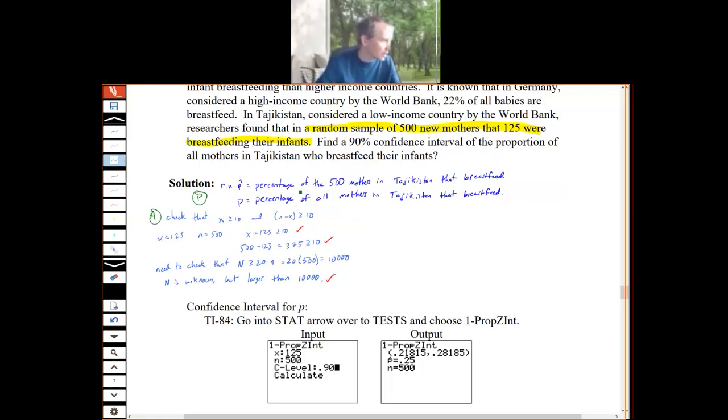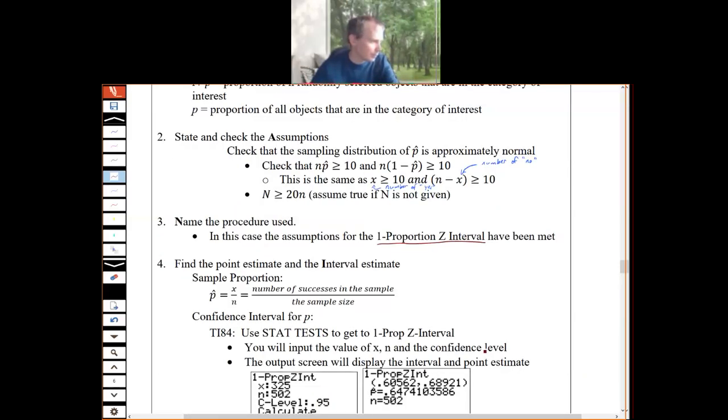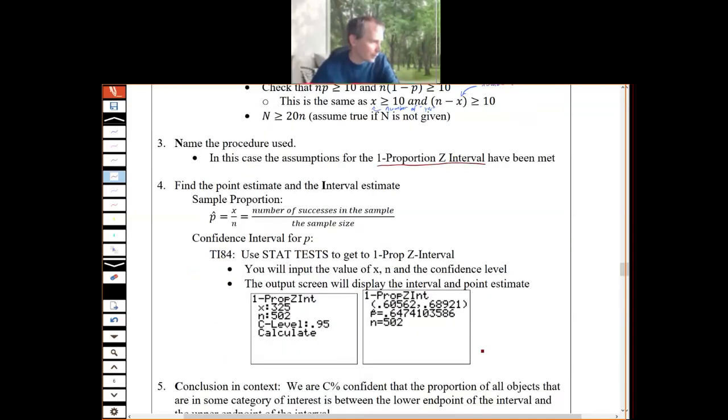All right, so my next step here, I'm going to use the 1 proportion z interval and come up with my interval estimate.